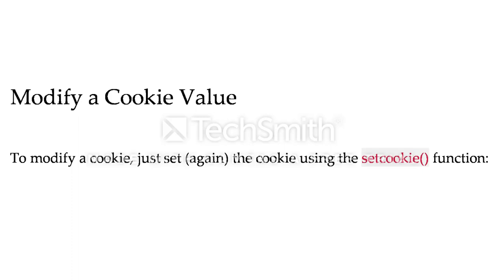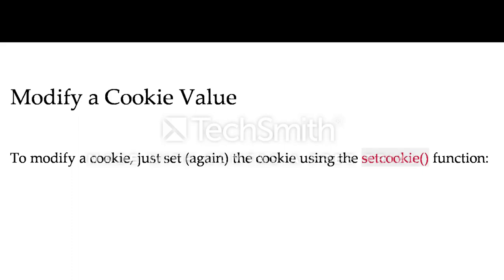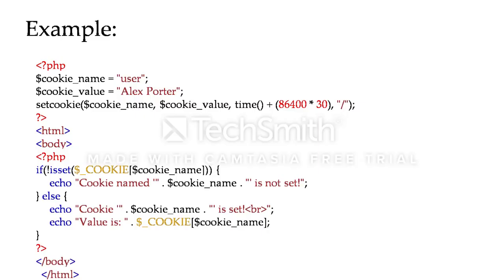Now we are accessing the cookies, to get the values of the cookies. Now we want to change the value of the cookie, or the information in the cookie. So again we have to use setcookie, then the name of the cookie that we want to change, and then the new value. I want to give the new value as Alex Potter. Now we can set the time validity of the cookie.